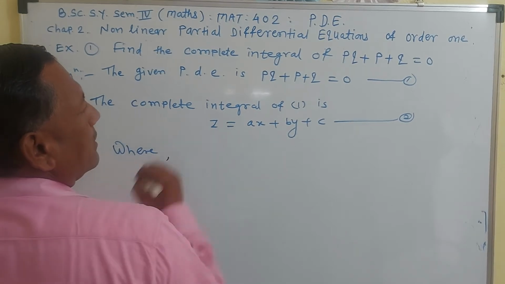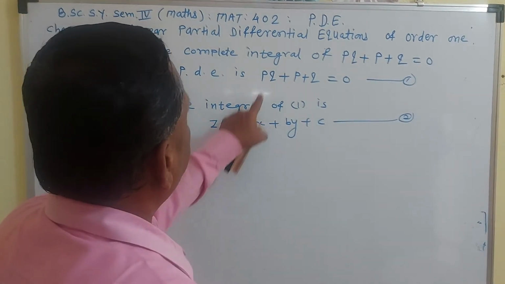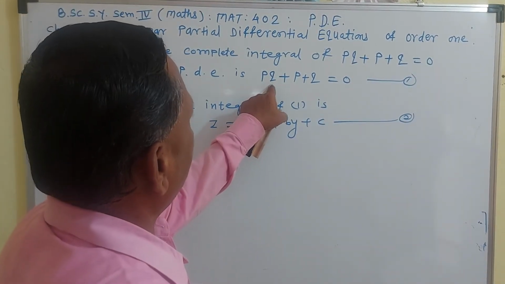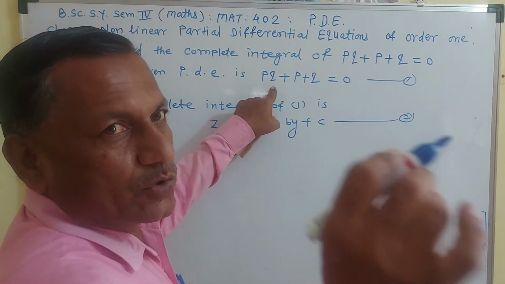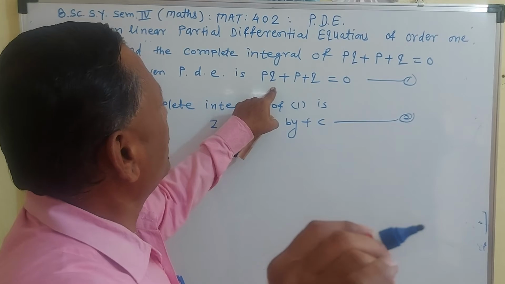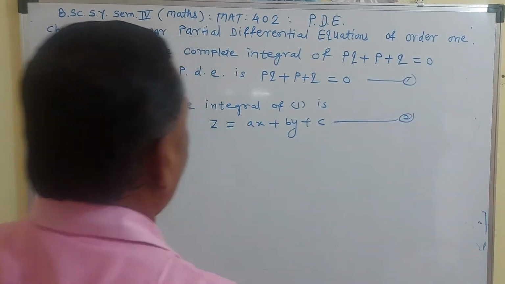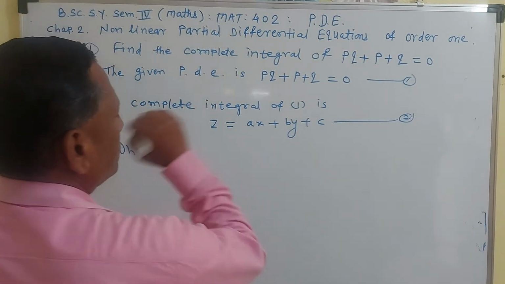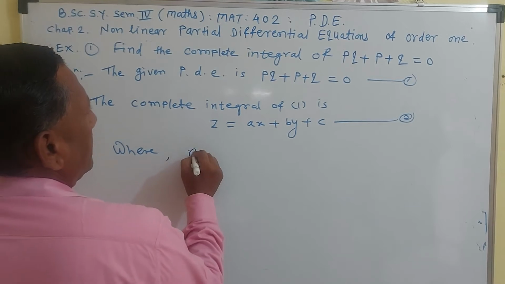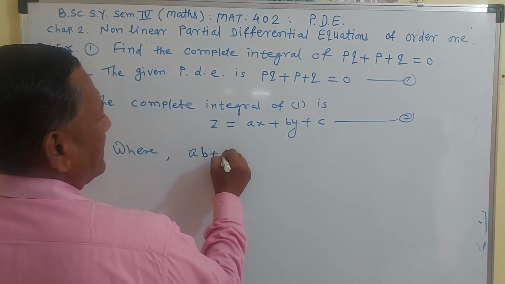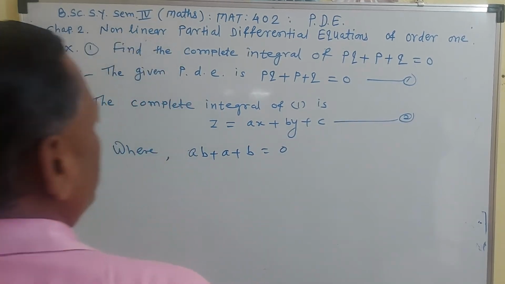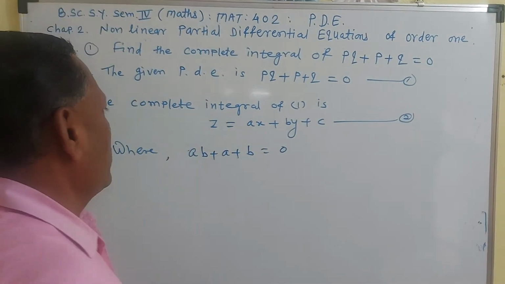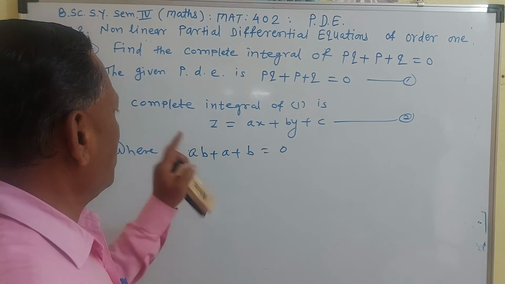Now p is equal to a and q is equal to b, so ab plus a plus b is equal to 0. Now you find the value of b in terms of a.